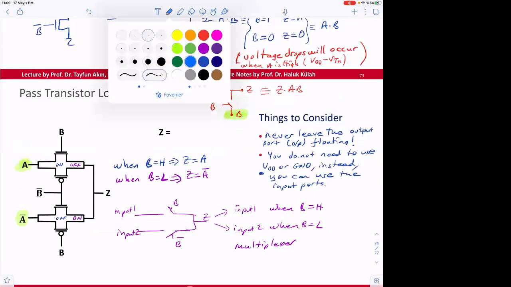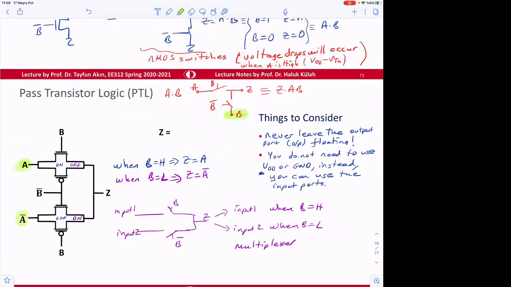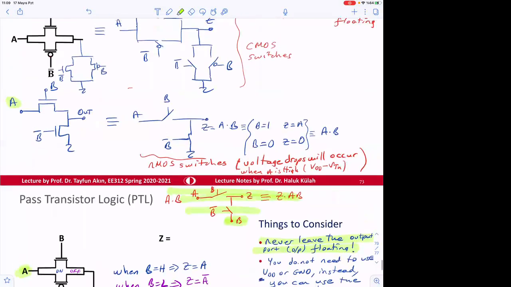The most important note here is that when you do that, never leave the output port floating for any of the cases. This is an important case. Maybe I can put an option here.